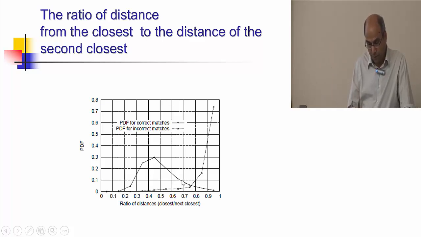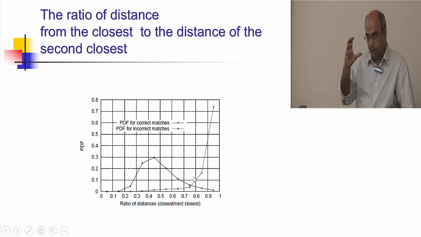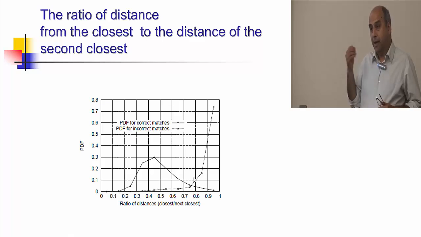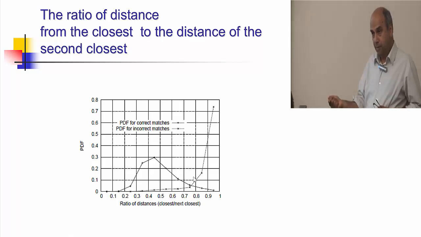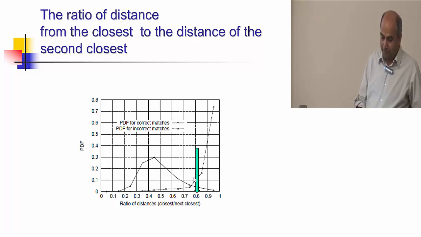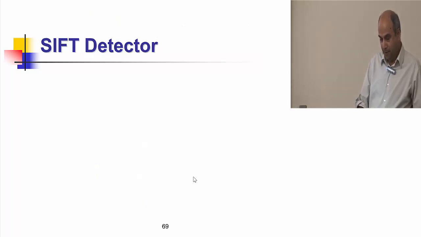Now this is the curve for the incorrect matches. For 0.3, incorrect matches are small, small, small. If it goes higher than 0.8, then it jumps up. So 0.8 is a good compromise, where you maximize the correct matches and minimize the wrong matches. That's what he found out. Okay, so that's the result.